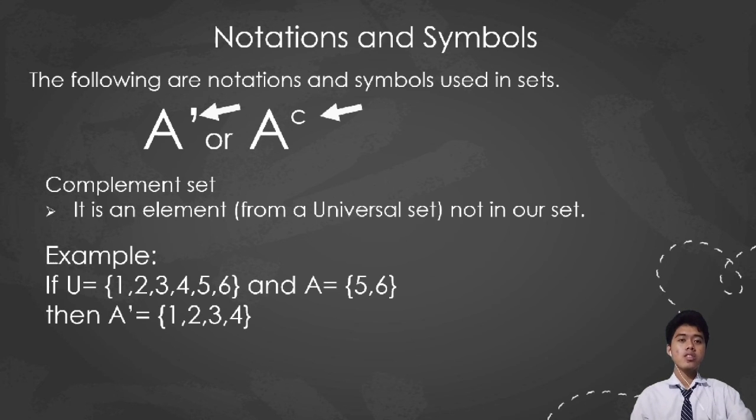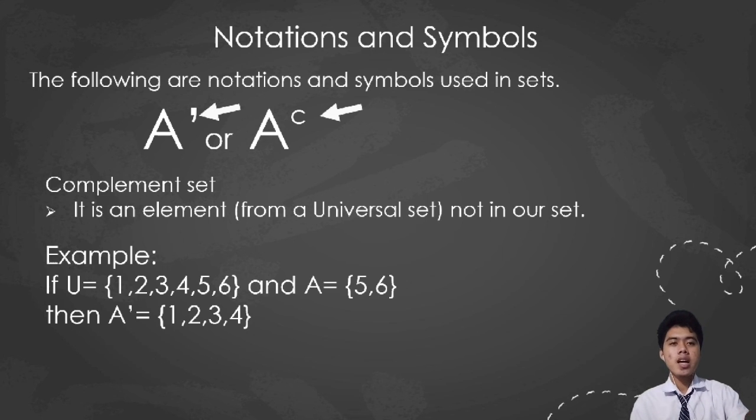So, last notations and symbols natin is yung complement set. And yung symbol niya is comma sa taas or yung raised to C. Pwede dyan sa dalawang yan. So, complement set, it is an element from a universal set, not in our set.